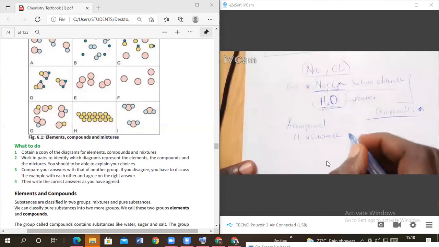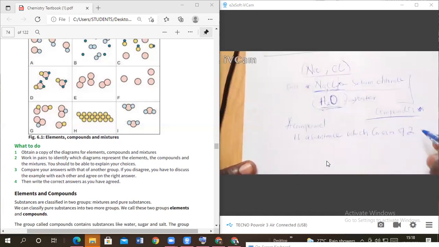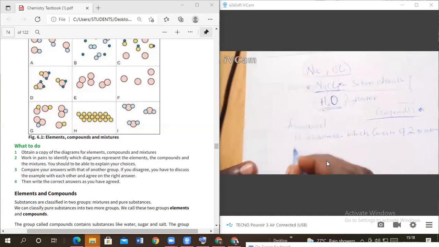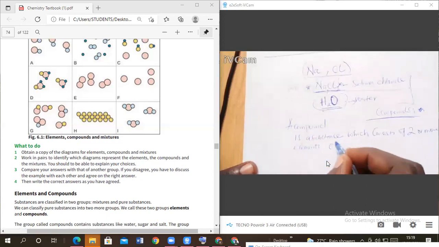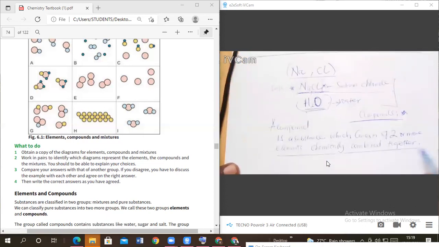It's a substance which consists of two or more elements chemically combined together. That's the definition of the word compound.